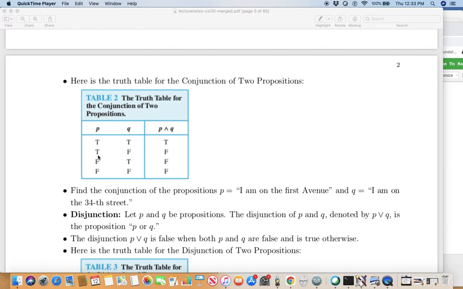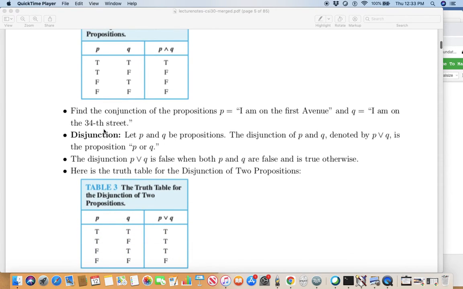If P is true, Q is false, then both are not true, so the conjunction is false. If P is false, Q is true, then both are not true, so the conjunction is false. If P is false and Q is false, then obviously the conjunction is false because you need both of them to be true.